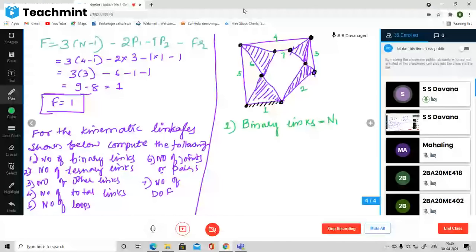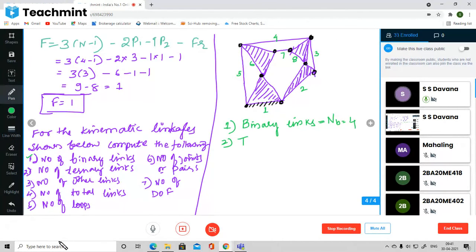Okay. Now what did they ask? Now the binary links are over. They asked to find out the number of ternary links. Now we find out how many ternary links are here. Sorry, you missed one more here. This has to be noted.